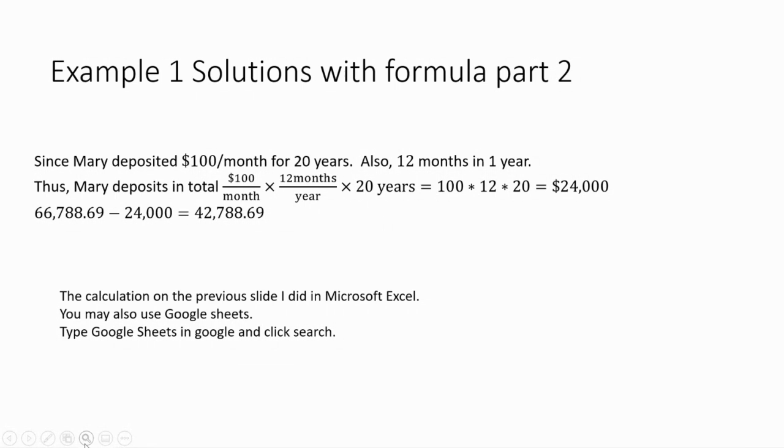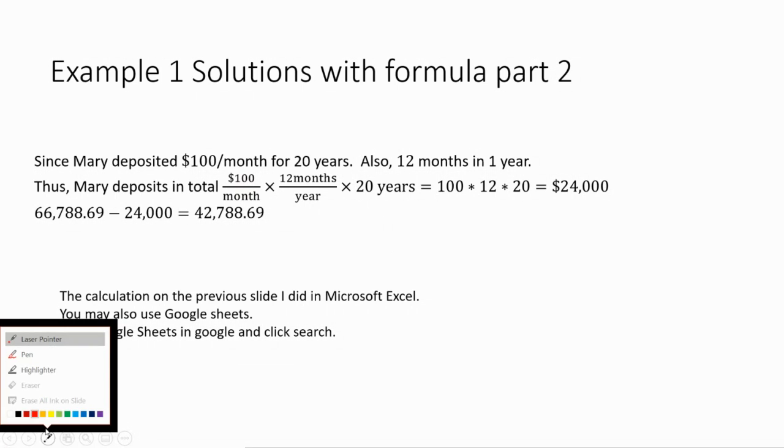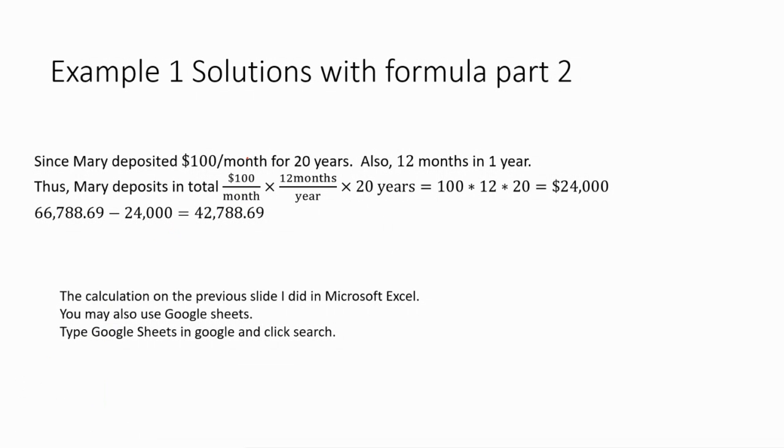We know there are 12 months in a year. Okay, so it's just like our factor label method, right? We have $100 per month. That's what she's depositing. Now, how many months are there in a year? There are 12 months in a year, so these months cancel, okay?